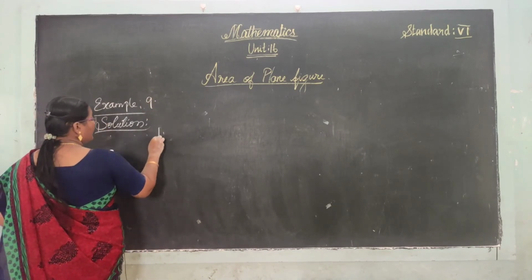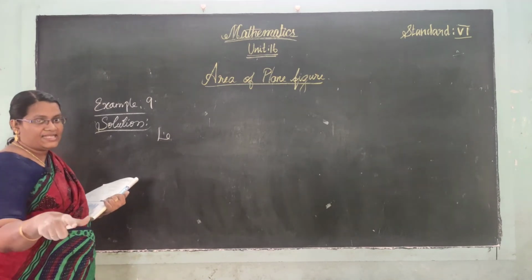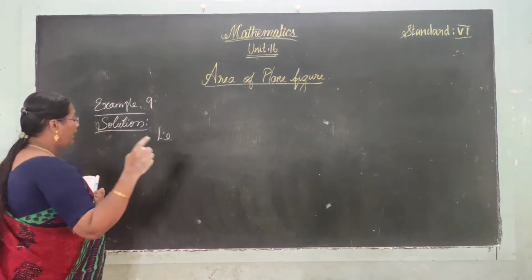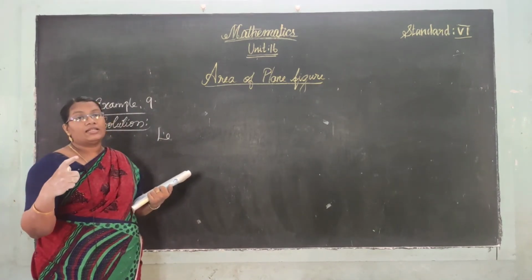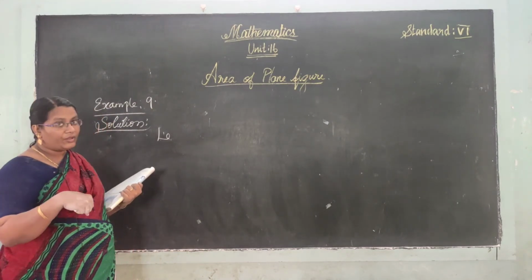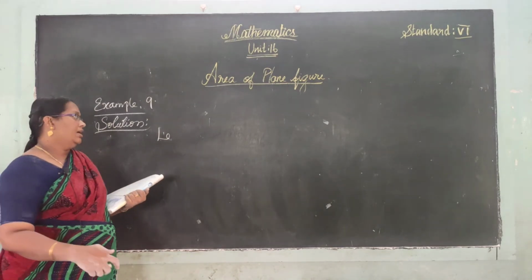First find the area of the tiles, then the area of the rectangular hall, then the number of tiles to paste on the hall. Finally we find the cost of the tiles.